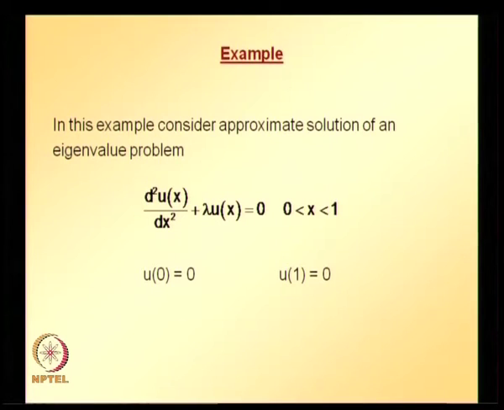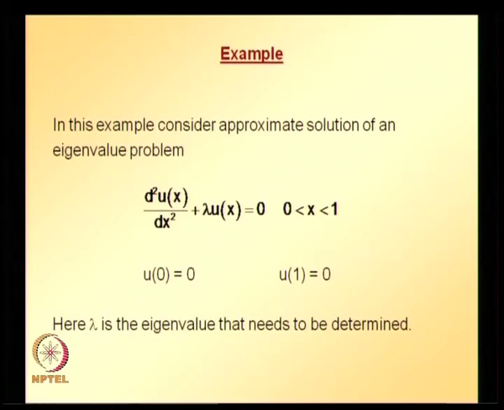So, we require two boundary conditions. The two boundary conditions for this problem are given here, and you can go back and check these two boundary conditions are essential boundary conditions, because this is a second order differential equation, and here lambda is the eigenvalue that needs to be determined.